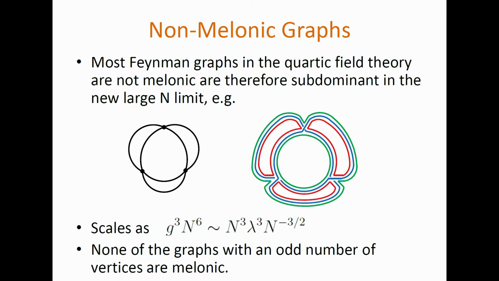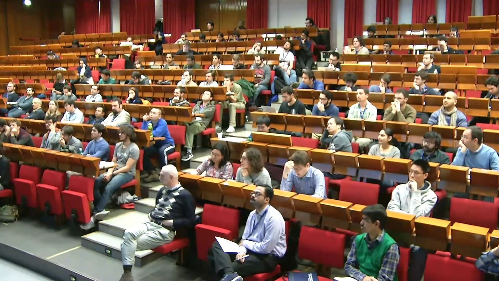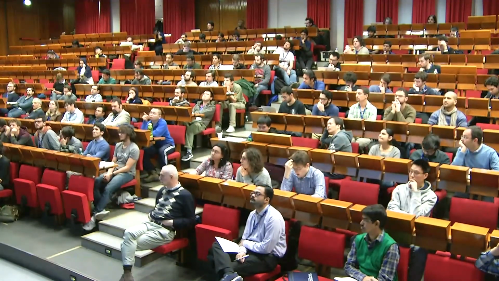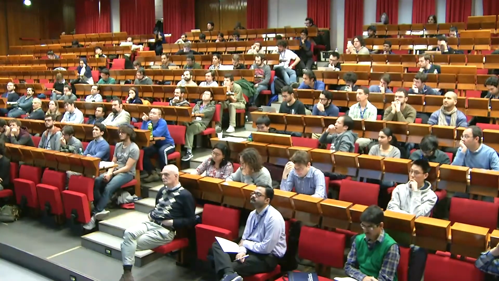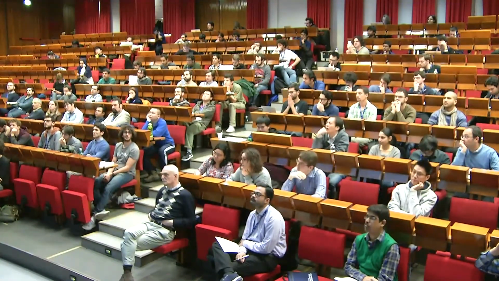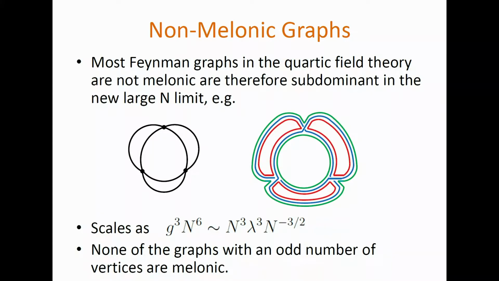There are also some snail graphs, which I showed and will show again, which are only suppressed by 1/√n, not by 1/n^(3/2). And because of this funny n^(3/2) scaling, you can easily see that there is no way that any graph with an odd number of vertices can pick up n³ scaling. It will have to be a fractional power, right?